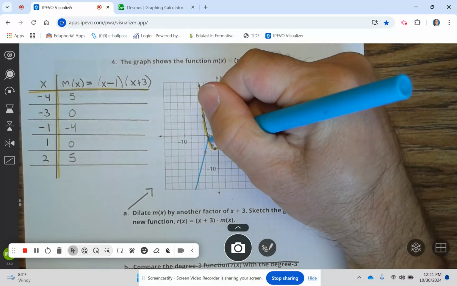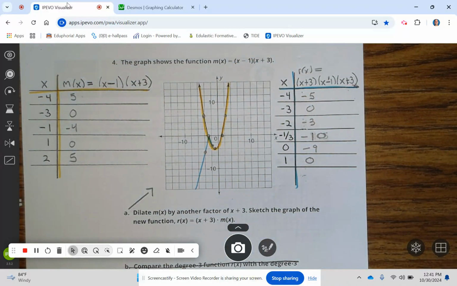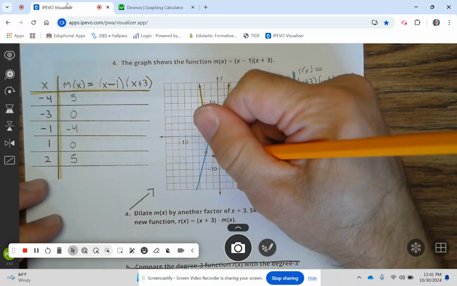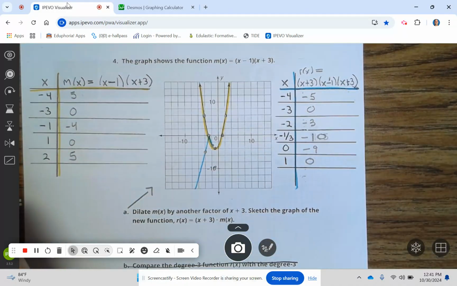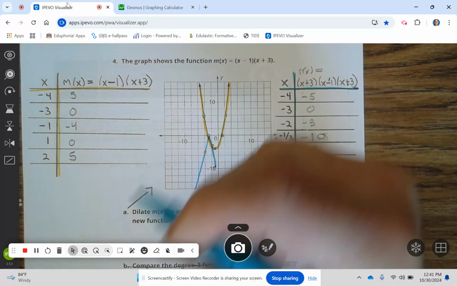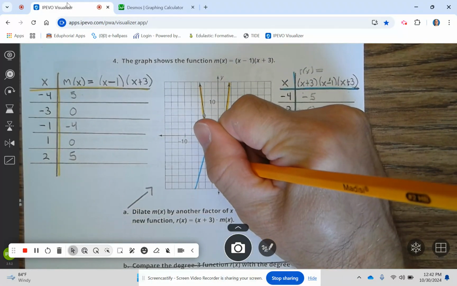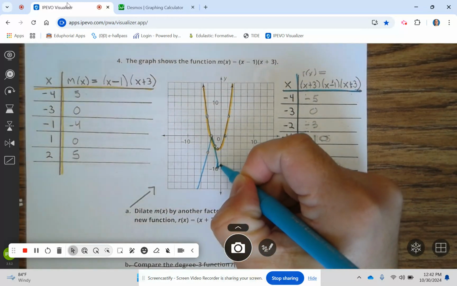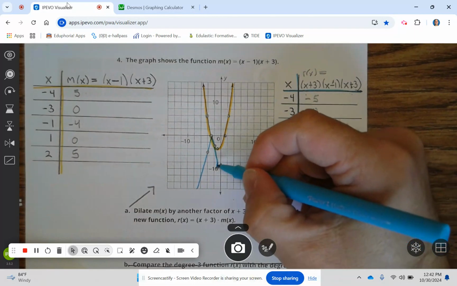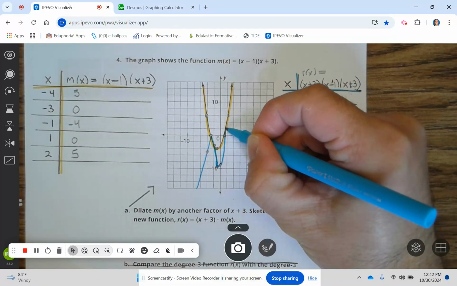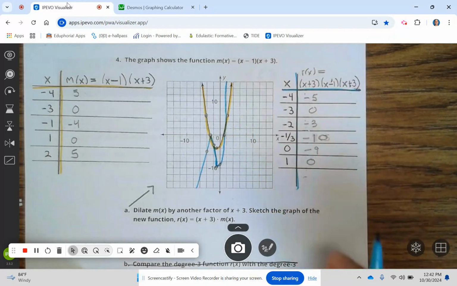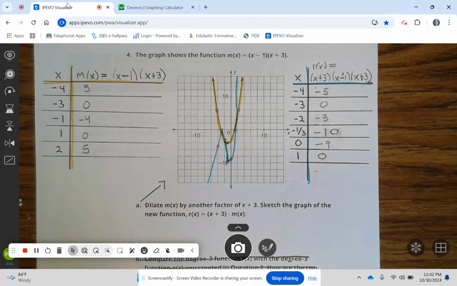So now we go back down to that point. -1/3, -10. Zero, -9. So we're going back up to 1, 0. All right, go ahead and complete the table and graphs. All right, let's take a look at the next page.